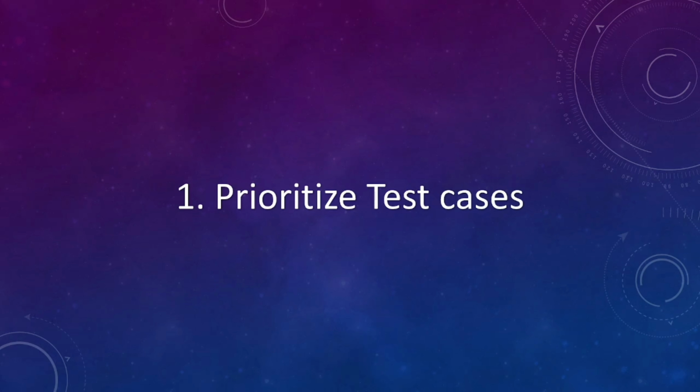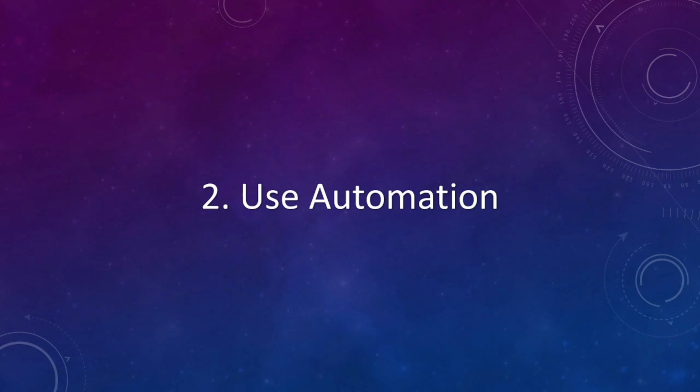The second one is you have to use automation for repetitive and time-consuming test cases. It might be Selenium, Cypress, or any other automation tool. You should use an automation tool instead of manual testing to improve your efficiency and performance.